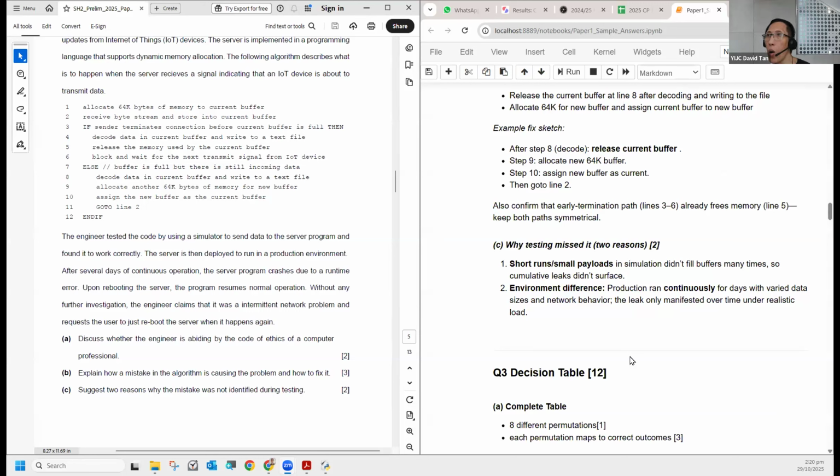Why during the testing this mistake is not highlighted. Now you must understand, when people test, there are two kinds of people testing. One is the developer themselves. The developer, as he develops the algorithm, the software, will create some test cases and then test.